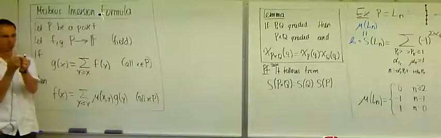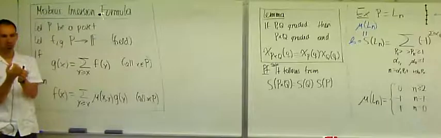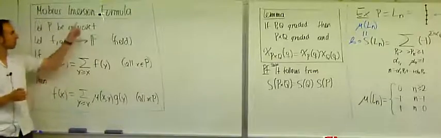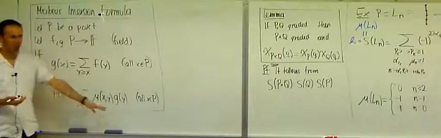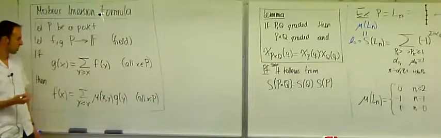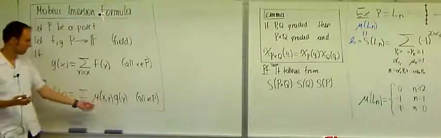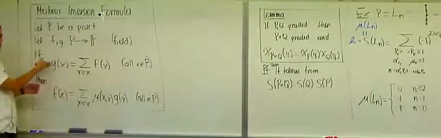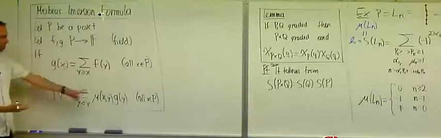So g is very explicitly defined in terms of f, and now the question is, can you reverse that relation and write f in terms of g? That's why it's called an inversion formula. And you can, and you get exactly the same formula, except that the Mobius function comes up. And so this is a very natural reason to study Mobius functions, because we have this kind of thing very often in combinatorics and in number theory and in several places. Whenever you want to invert something like this, the Mobius function just comes up.